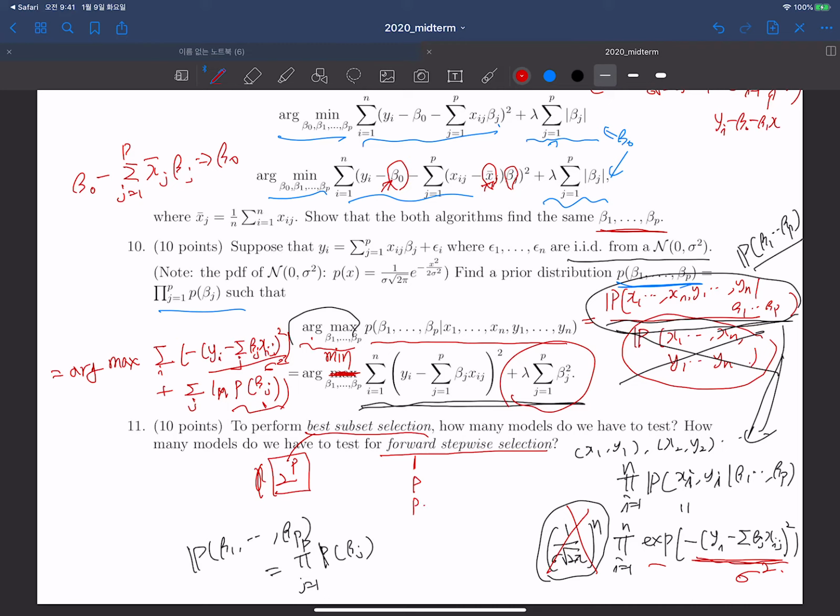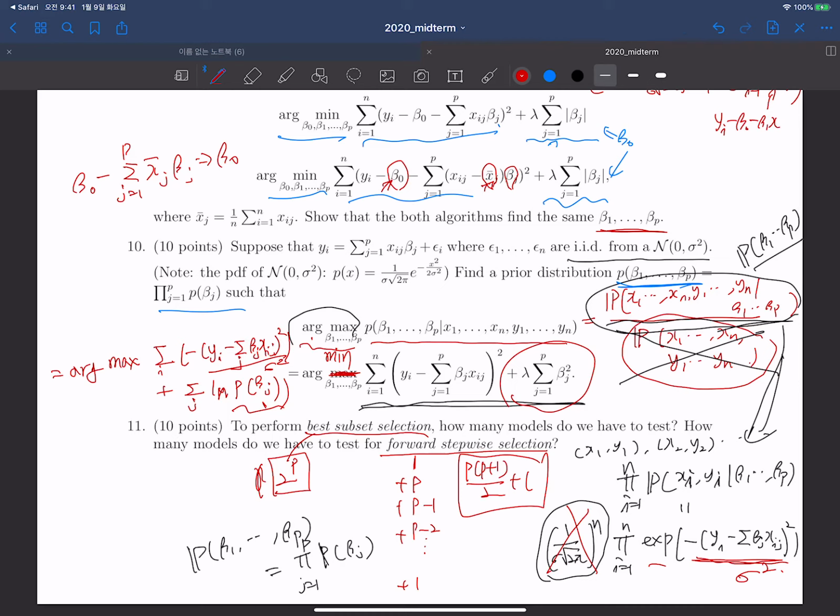So you have to test p-1 models, and then p-2 models, up to the last case. So the number of all the models you have to test is 1 plus p plus p minus 1 plus p minus 2 and so on, which is p times p plus 1 over 2 plus 1 different models for forward stepwise selection.